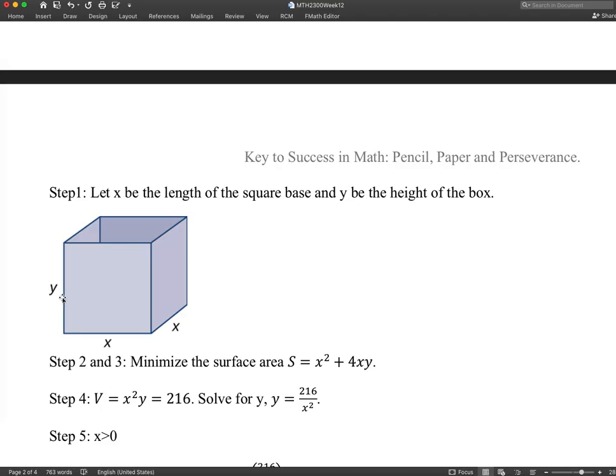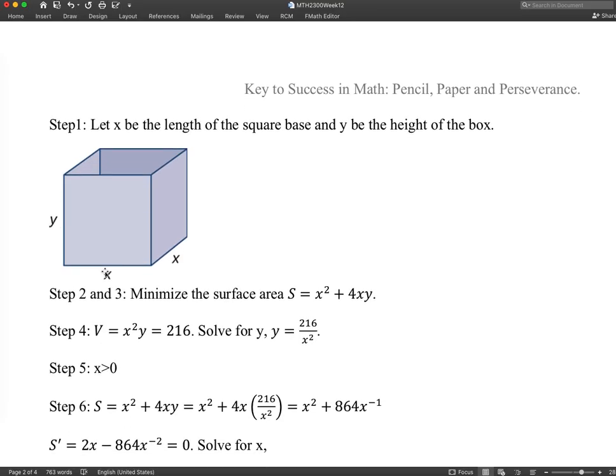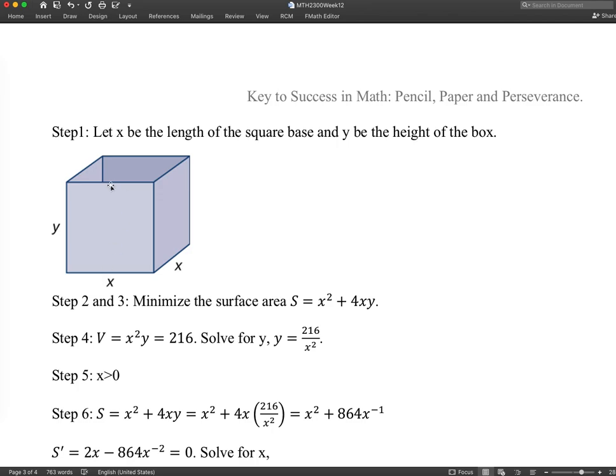Clearly this time we want to minimize the surface area, right? So let's take a look at how we find the surface area. It has an open top, so no area from the top. There's area from the bottom, that's x squared.